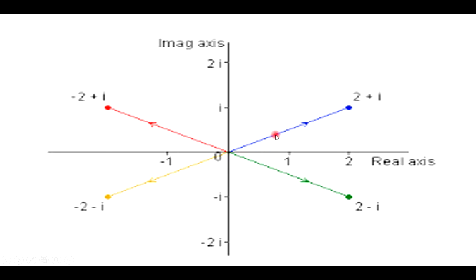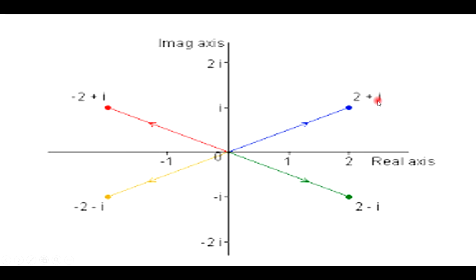Can you notice something about these two numbers? Yes, this number is a conjugate of this number, 2 minus iota, and we know that in the conjugate we change the sign of the imaginary part.